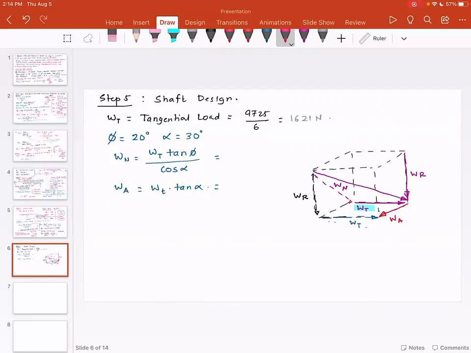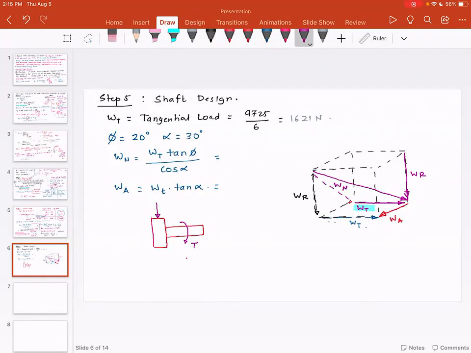The next part is quite simple. We are going to design the shaft for the pinion. So this is the pinion. On this pinion, we have the torque. Then we have two forces, actually three forces.